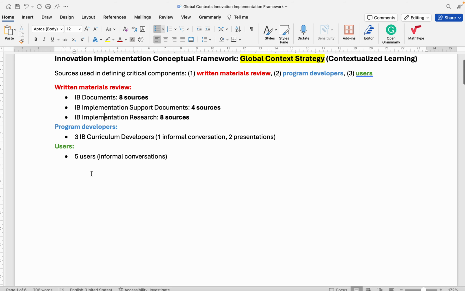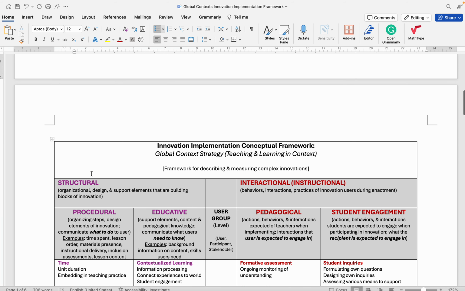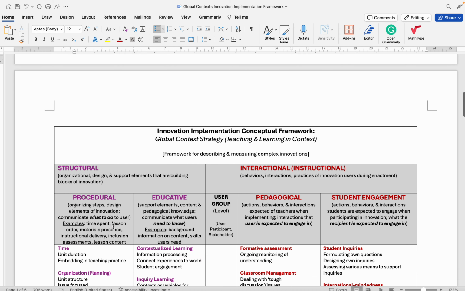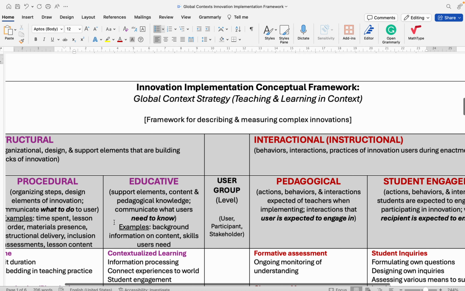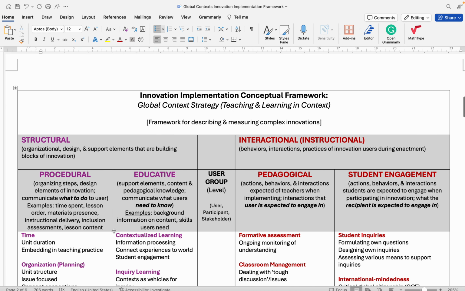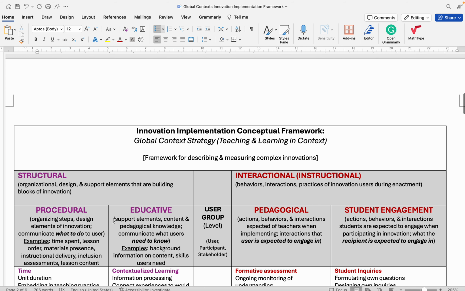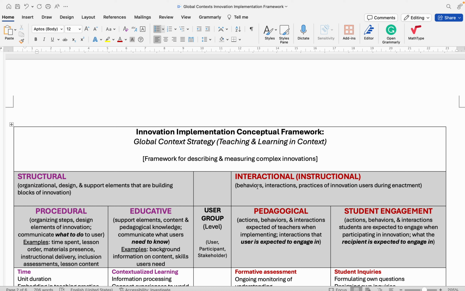So basically, this is the framework they provide for breaking it down. In gray here, the innovation implementation conceptual framework divides innovation components into two broad categories: structural and interactional or instructional.